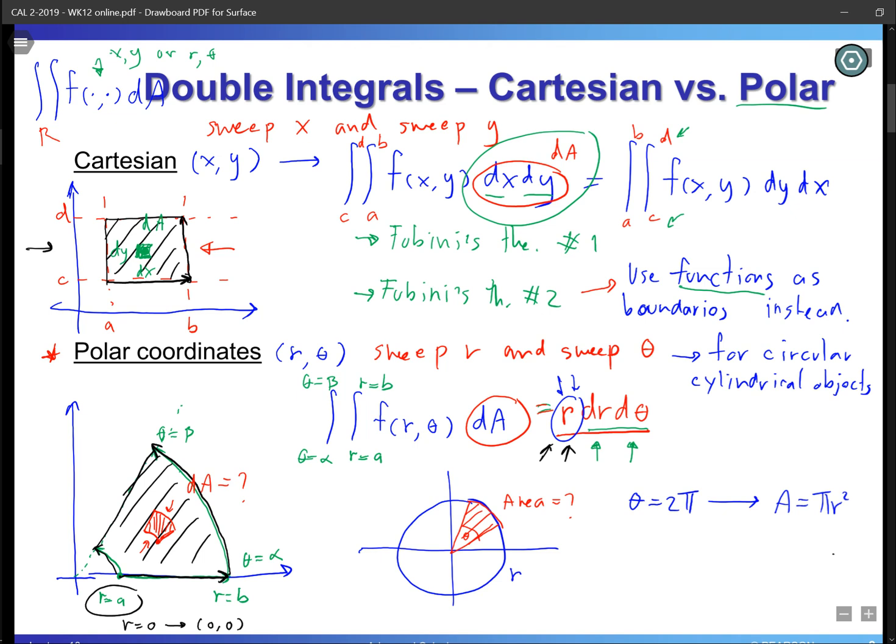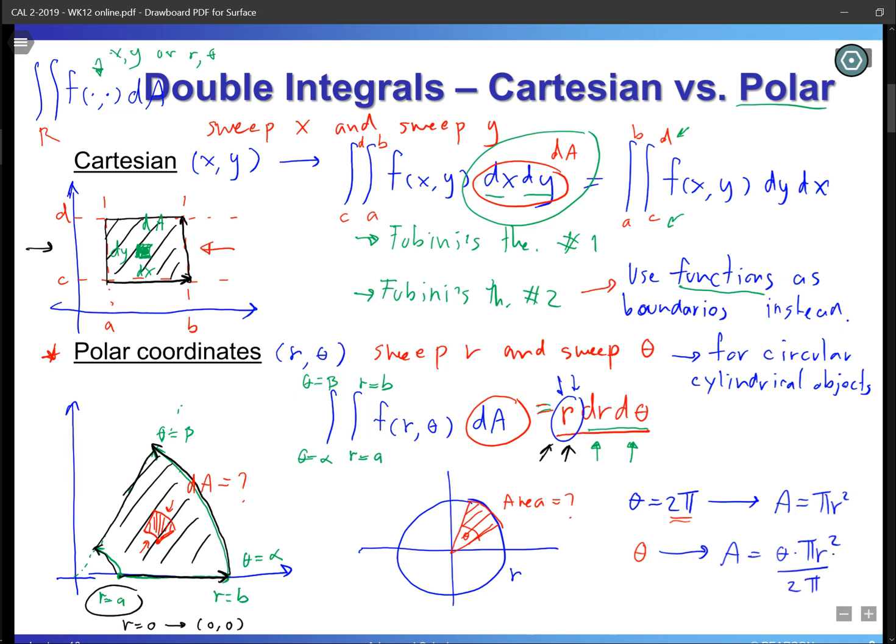Something we learned from long time ago, maybe from elementary school, maybe middle school, I don't know. But this definitely everyone know about this. But here we don't want the 2 pi. We want just one piece. We want theta. If theta is just theta, what is the area? So we can use this ratio to find out. So the area is going to be equal to theta times pi r squared over 2 pi.